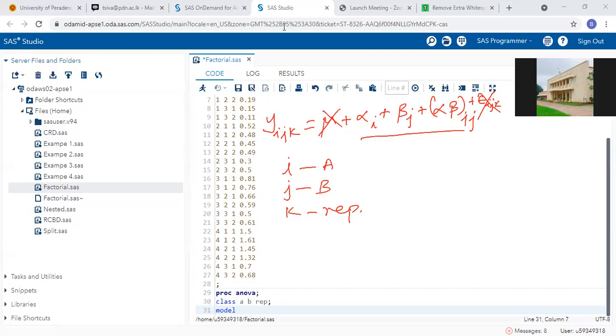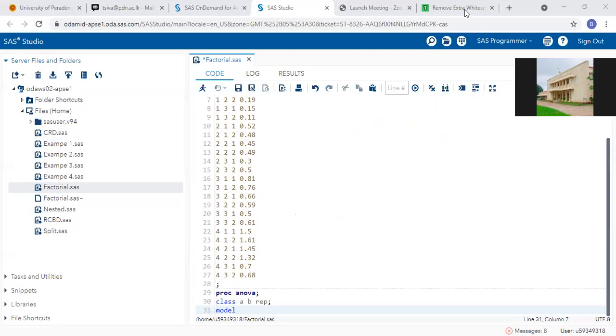Right, let's talk about the model writing in SAS. So how can we write? Can someone tell me? Yield equal.